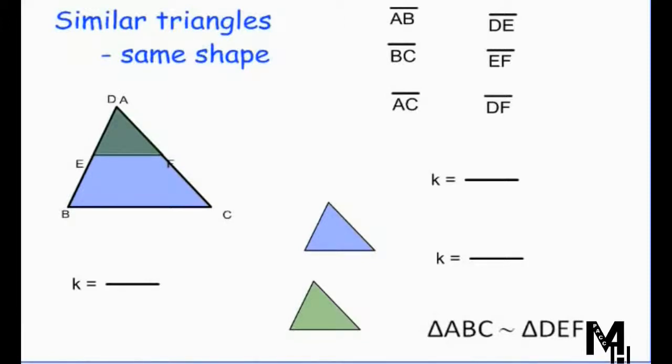However, you can see that angle D is congruent to angle A. We also see that if we slide DEF down, angle E is congruent to angle B. Similarly, if we slide it to the right, angle F is congruent to angle C. So this means when you have similar triangles, all three corresponding angles are congruent. Angle A is congruent to angle D, angle B is congruent to angle E, and angle C is congruent to angle F.